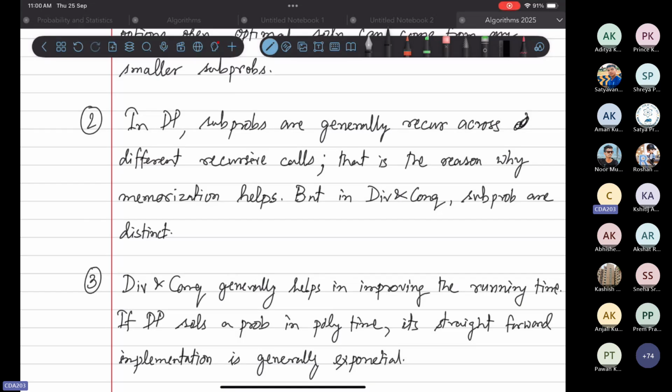We don't solve those subproblems many times. We solve each different subproblem only once, and once I solve it, I store its value in some memoization table. That's why the second point says that it generally recurs across different recursive calls. This is the same subproblem, and that's the reason why I can memoize and get a better running time.